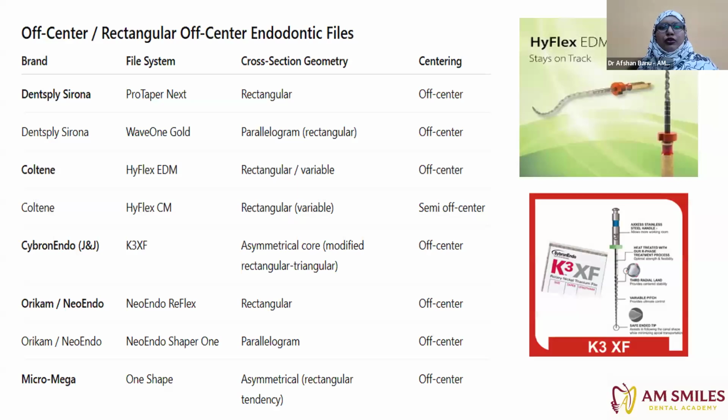Only if you use it in combination will you get 100%. With the files alone, you cannot give 100% treatment to the patient. So these are the general brands available in rectangular or off-center endodontic files.